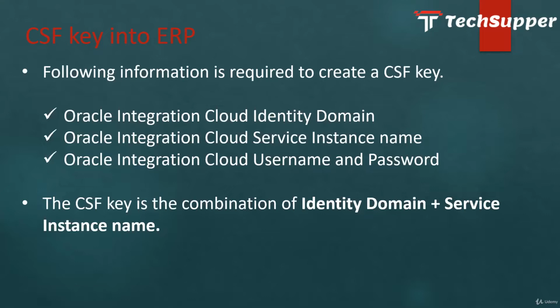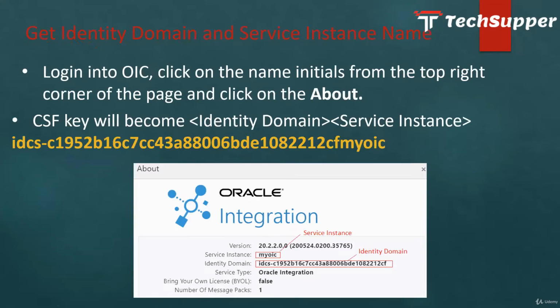Then the Oracle Integration Cloud Service Instance Name, the Oracle Integration Cloud username, and the password. So the CSF key is the combination of the identity domain and the service instance, which you will get from the Oracle Integration Cloud. How to get the identity domain and service instance name in order to create a CSF key.